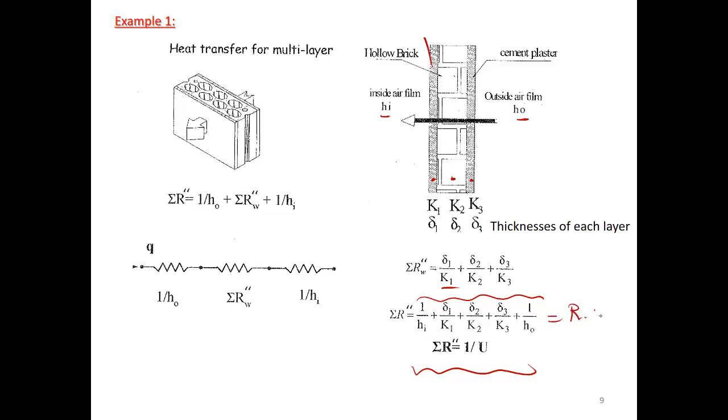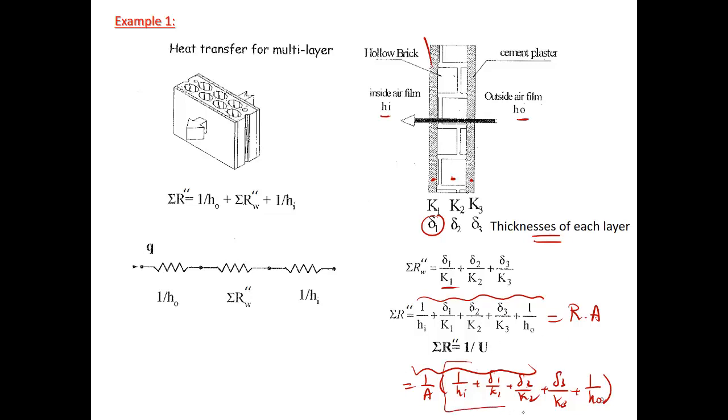That's R times A. It's equal to 1 over HI plus delta 1 over K1 plus delta 2 over K2 plus delta 3 over K3, where delta in this case is the thickness of each layer, plus 1 over HO.